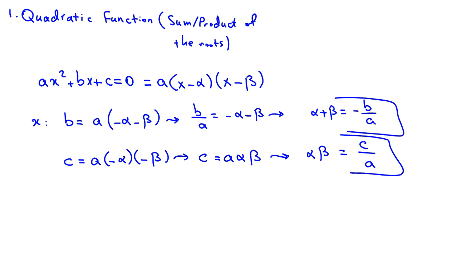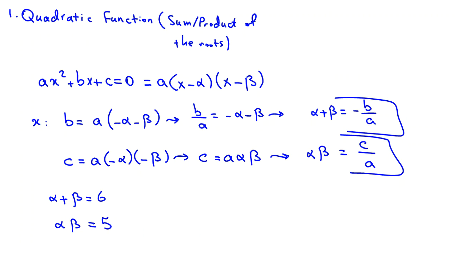Now, sometimes, for example, the sum of the roots is 6 and the product of the roots equals 5. Someone says, find a quadratic function whose roots are alpha and beta. Here it's easy because these are integers, but I want to show you a way that is also useful for real numbers, for anything, also complex numbers.